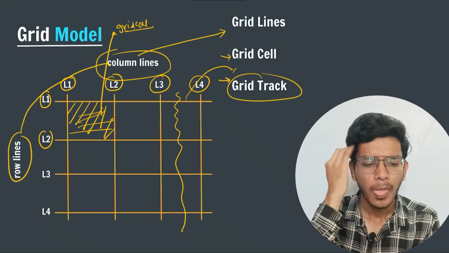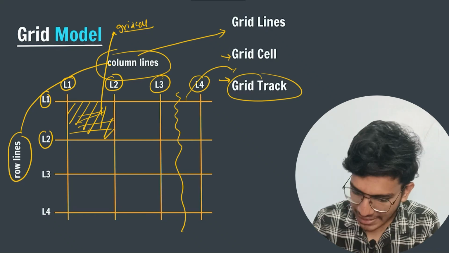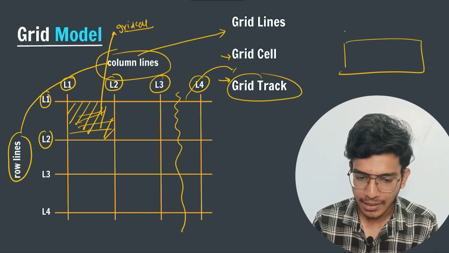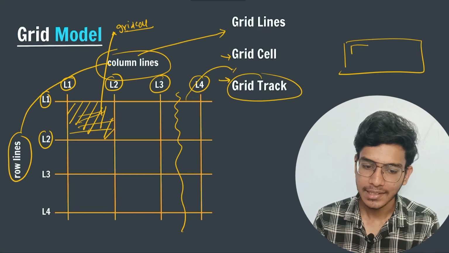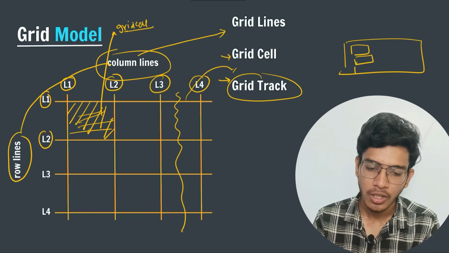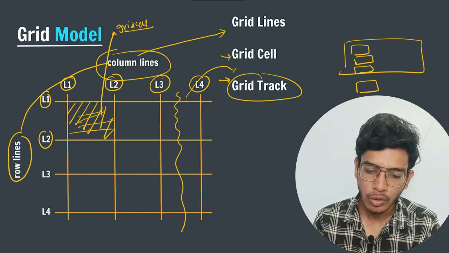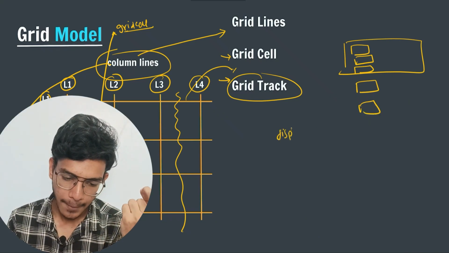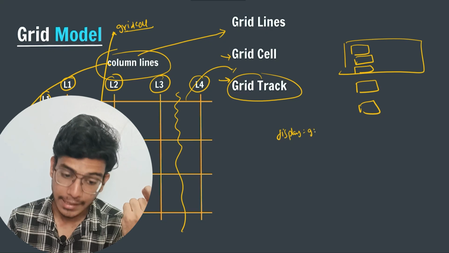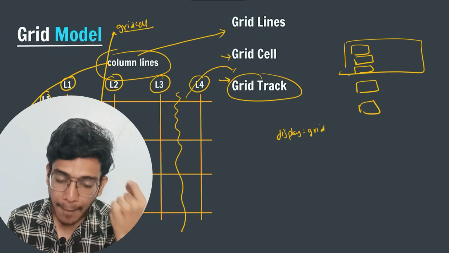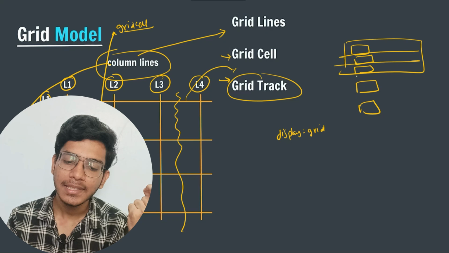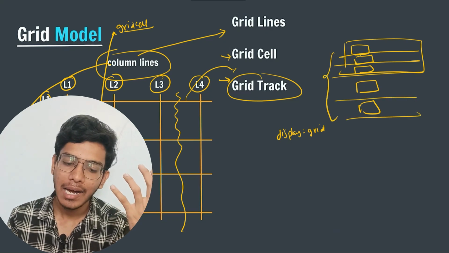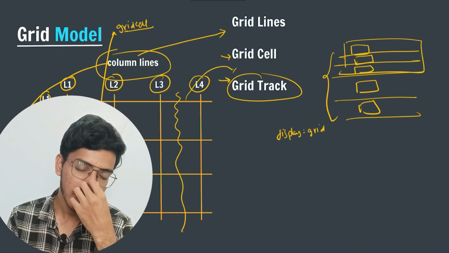Okay, now in the code, in the CSS, I have created a parent container and child containers, right? This is my child container 1, 2, 3, 4, 5. Now when I give display grid, all the elements are by default arranged in the grid model, and how many rows are involved here?